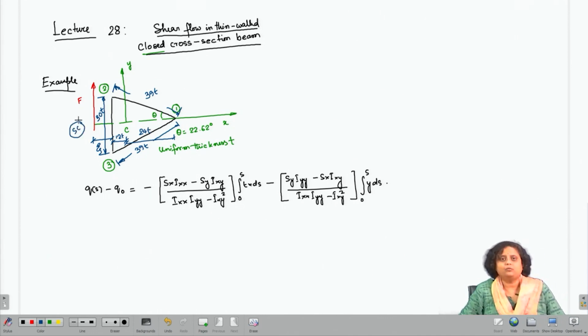Let us assume we do not know the shear center. Let us assume that the shear center is at a distance zeta from the 2, 3 web of the thin walled triangle.